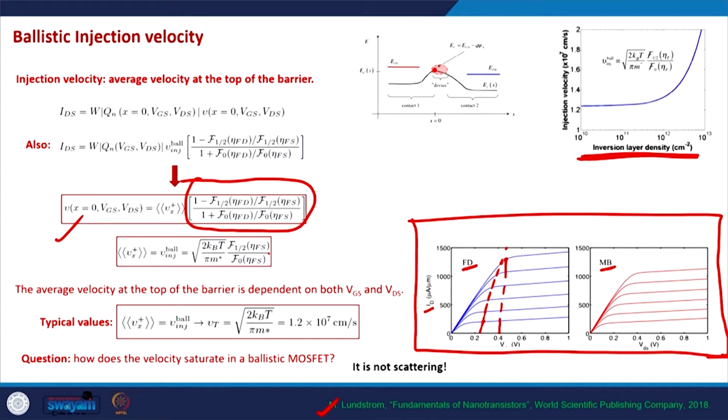So from 0.4 volts and above, or maybe 0.45 volts, when VDS is in that range, the current is getting saturated, and this is from a real simulation of a ballistic MOSFET. This is what we will be trying to understand today: why is this saturation taking place even though there is no scattering in the channel.